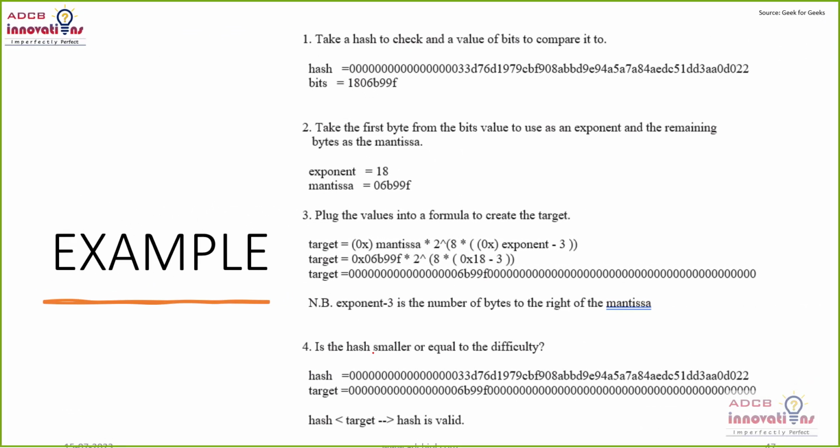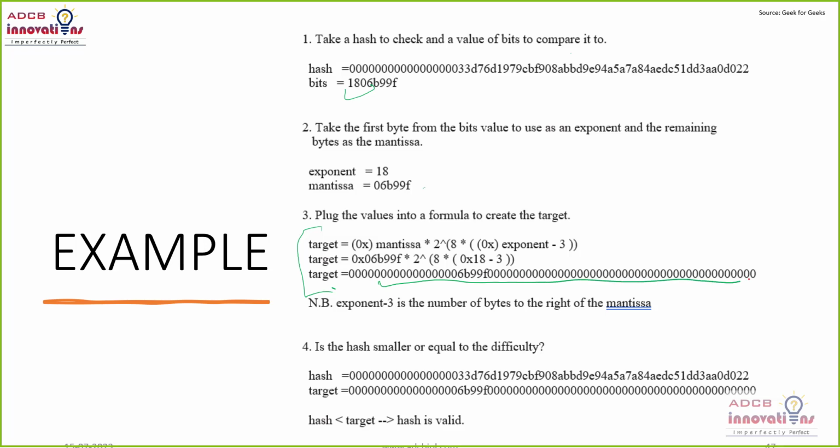This is an example from GeeksforGeeks. It is a very good example showing the hash being checked against a value of bits and compared to another hash. It takes the first bits value for the exponent and mantissa, plugs them into the formula to find the target hash.